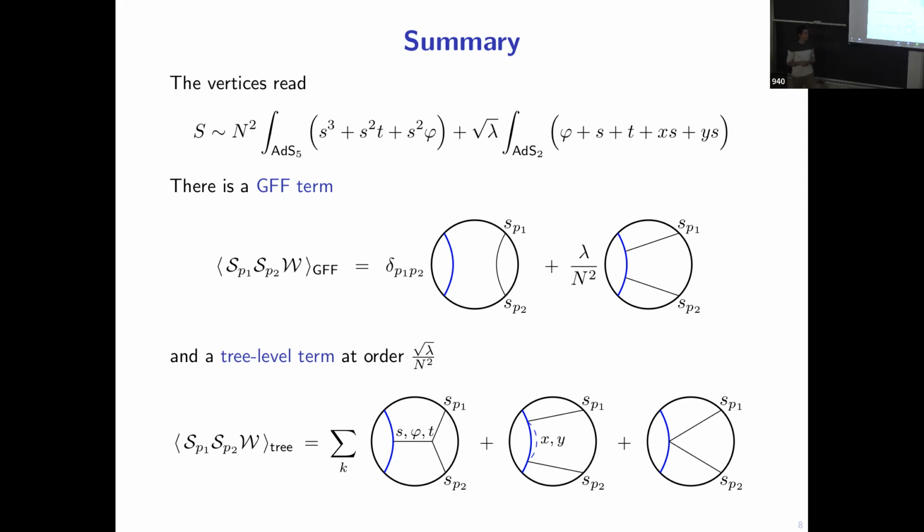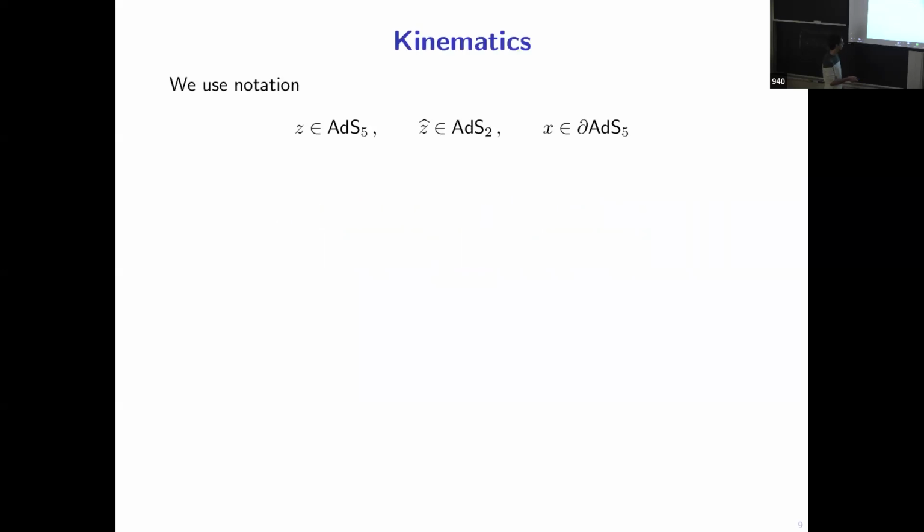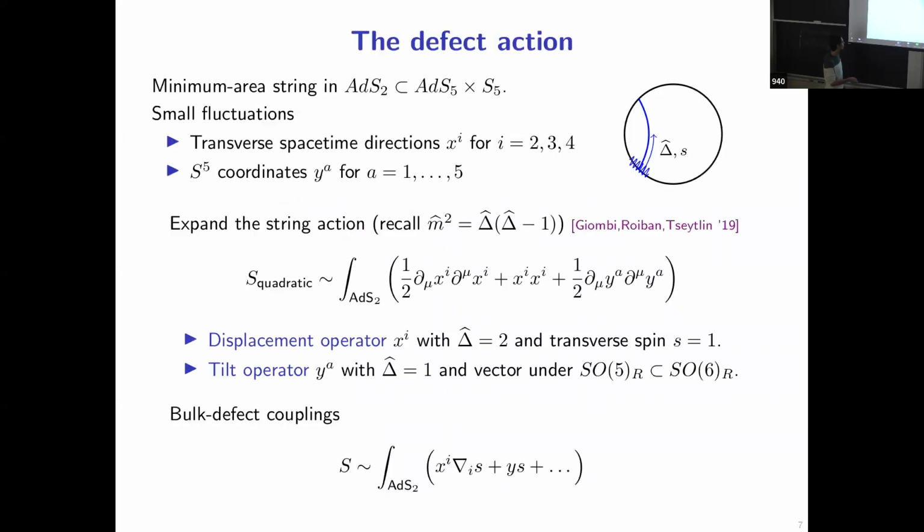Sorry, in x times s and y times s, how are the indices separated? Yeah, you can see it here. I wrote it in a bit more detail. For x, it goes like this. Here you are taking covariant derivatives only in the directions orthogonal to the AdS5.